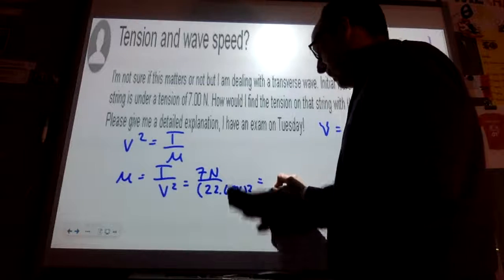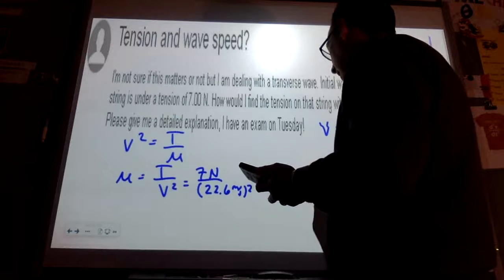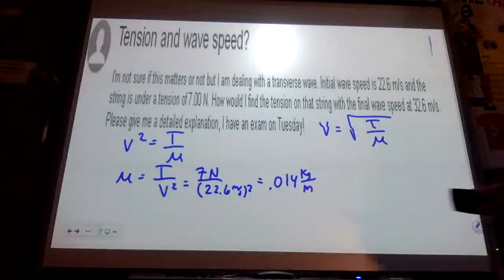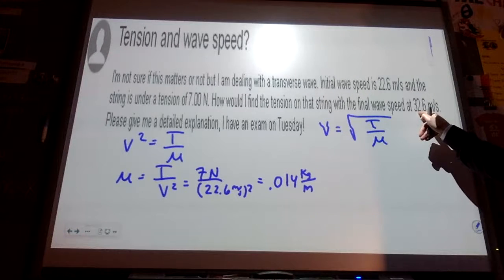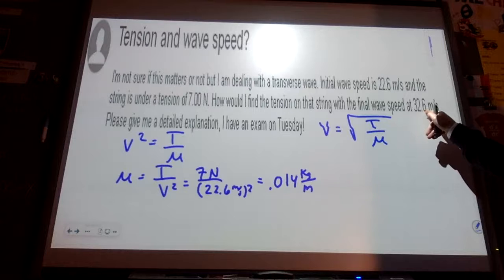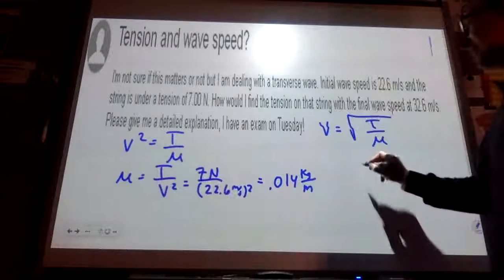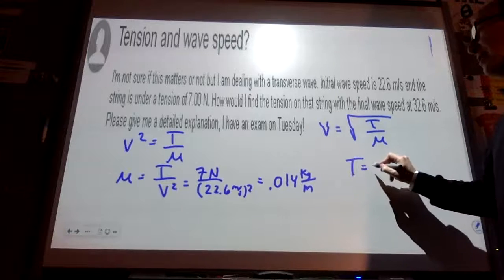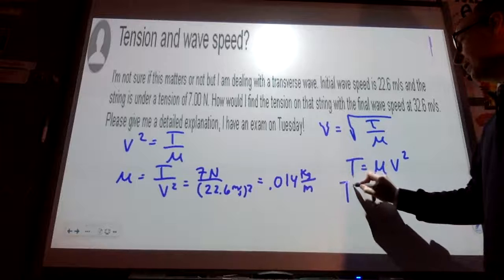So it looks like my mu is about 0.014 kilograms per meter. What would my tension be if my final speed was 32.6 meters per second? So looking at this equation, now I want tension by itself. And I see that tension would be equal to the linear mass density times the speed squared.